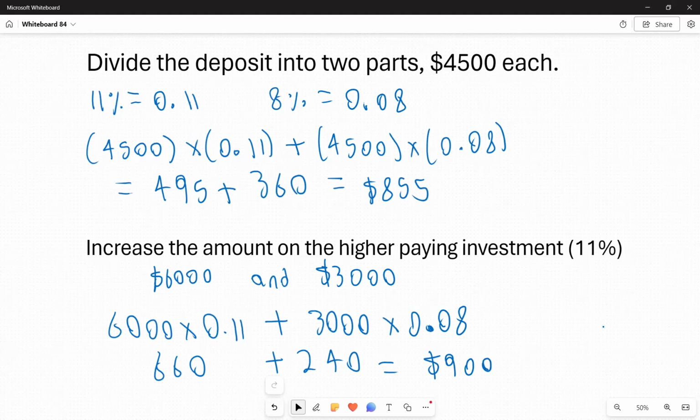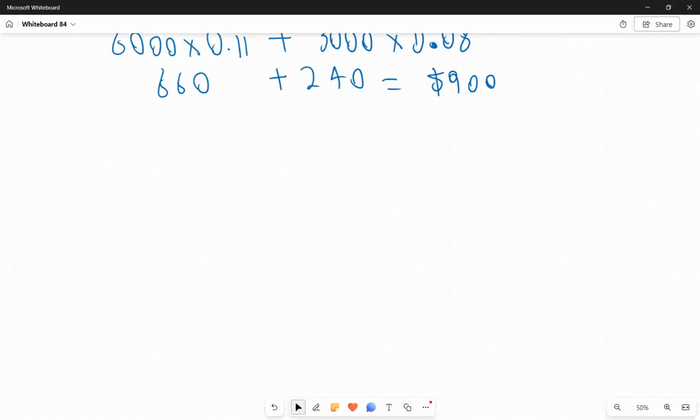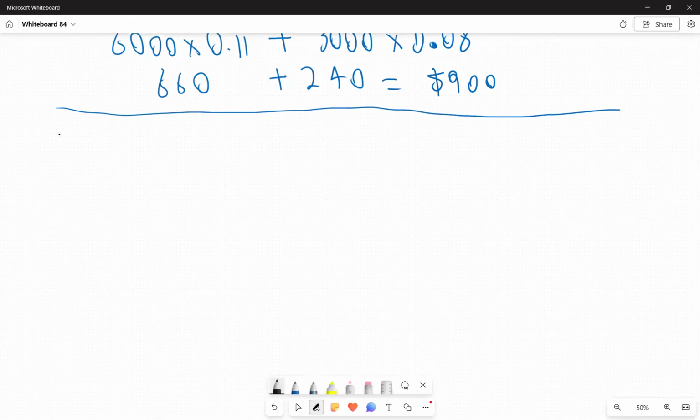We're going to keep increasing the amount on the higher paying investment, the 11% investment. And so far, this is what we have gotten. We have our guesses, and we have the interest amount.